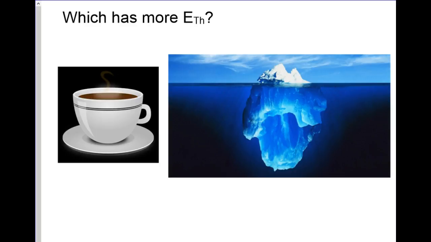An iceberg actually has more thermal energy. Are the particles in an iceberg moving faster or slower than a hot cup of coffee? Much slower. Then how is it possible for an iceberg to have more thermal energy than a cup of coffee?